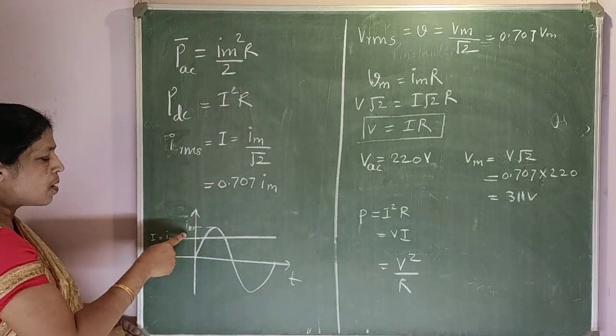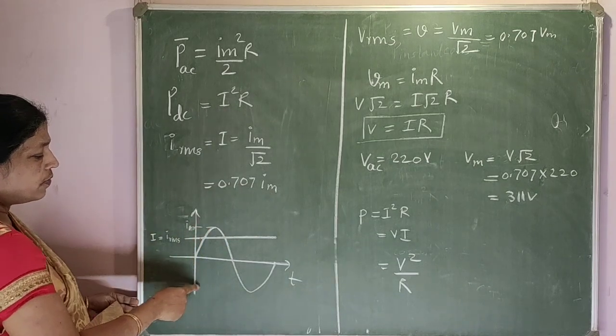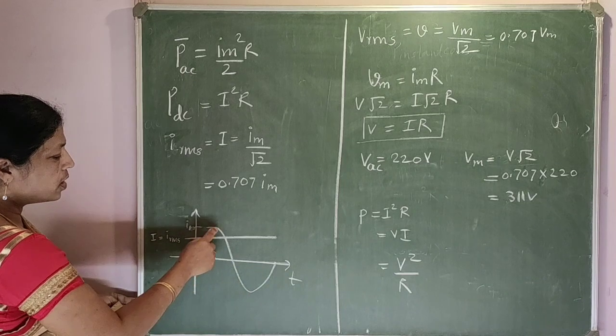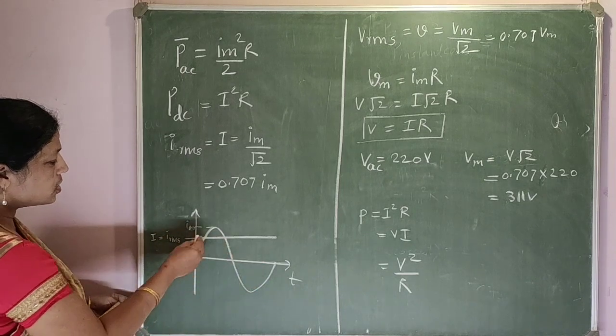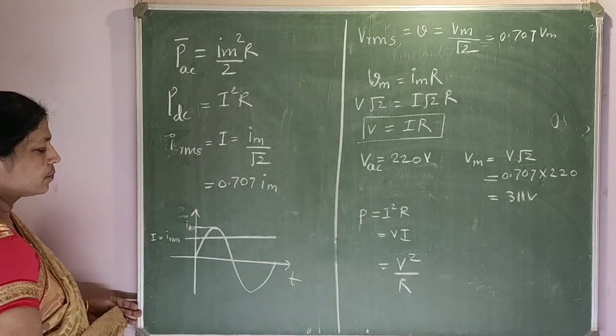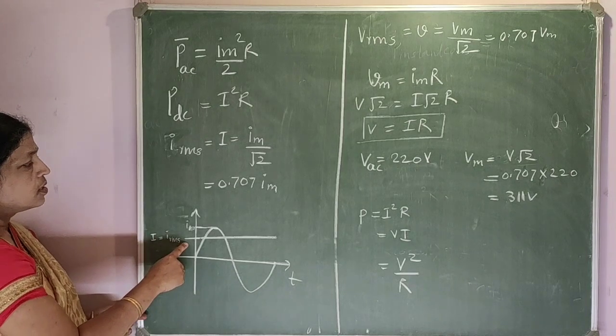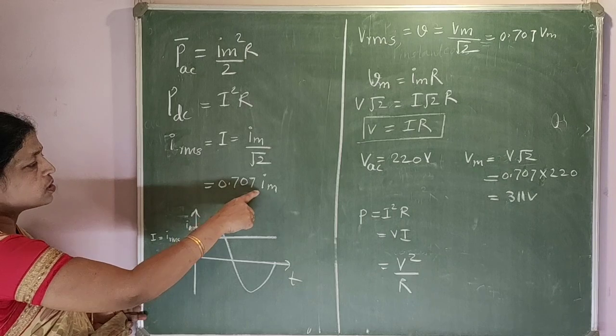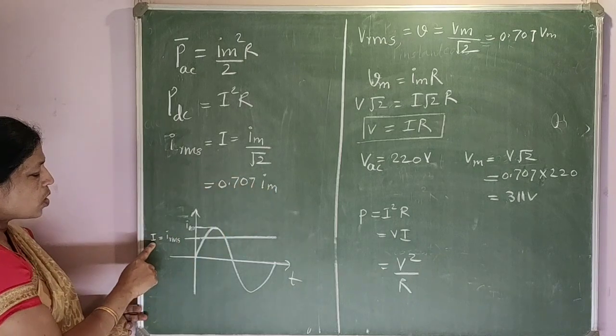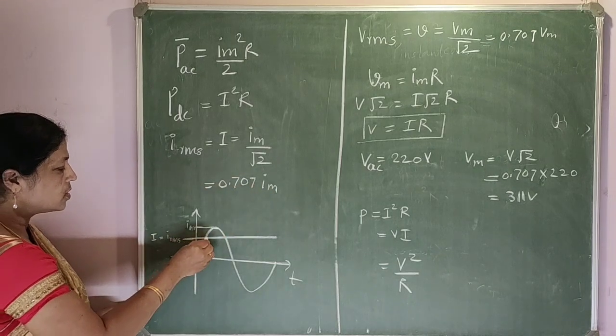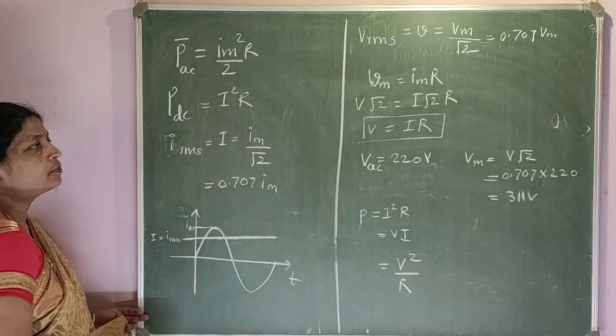When we draw the graph of AC current with time, it is a sinusoidal curve, and this is the maximum value of current. So where will IRMS be? IRMS is 0.707 times I maximum. So IRMS is here. That is also written as I.